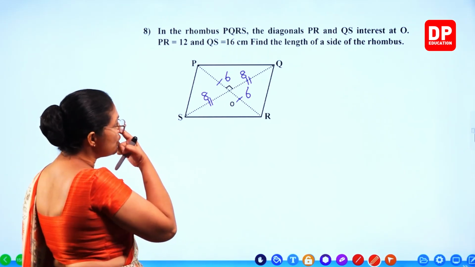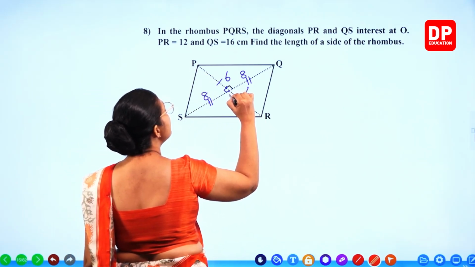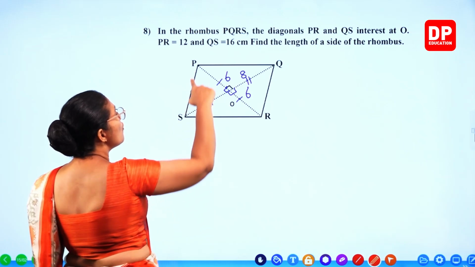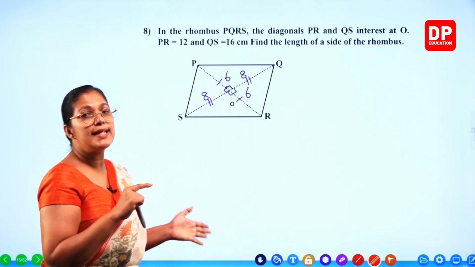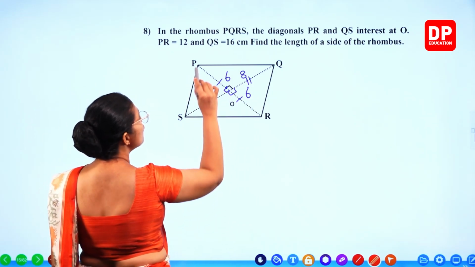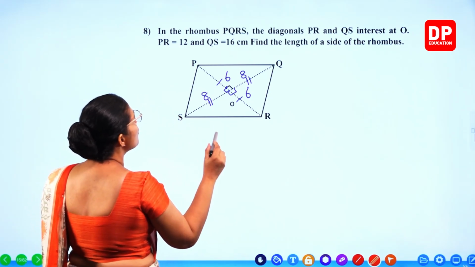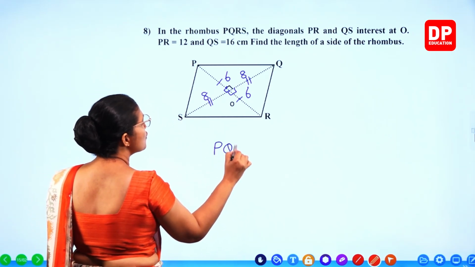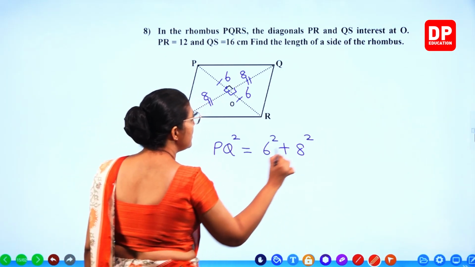What do you know about the diagonals? Diagonals bisect at 90 degrees. So we can think about the right angle triangle. One side is 6, the other side is 8. So use the Pythagoras theorem to find the side of the rhombus. PQ squared is equal to 6 squared plus 8 squared.